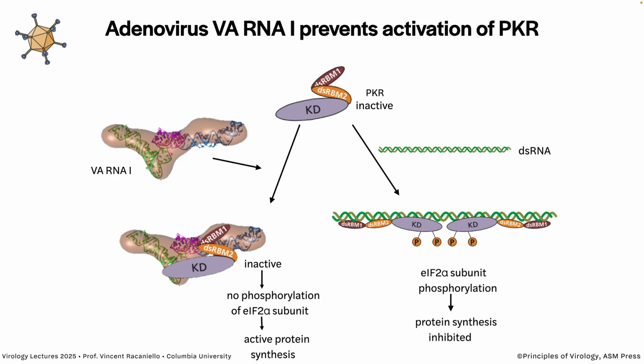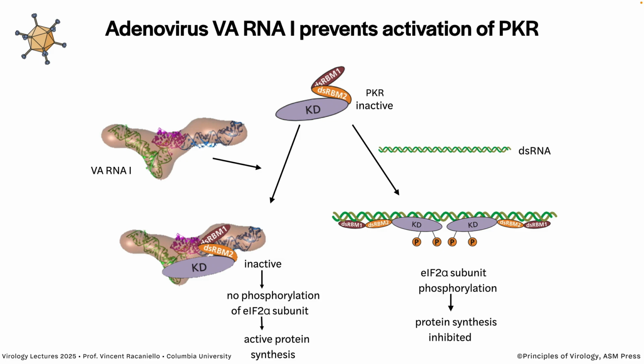It binds one molecule of PKR, which is in its inactive state, and it can't be activated because it needs to be next to another PKR in order to be activated. So VA RNA1 restores protein synthesis because EIF2 alpha is no longer phosphorylated. That's one example of how a viral protein counters the effect of PKR.